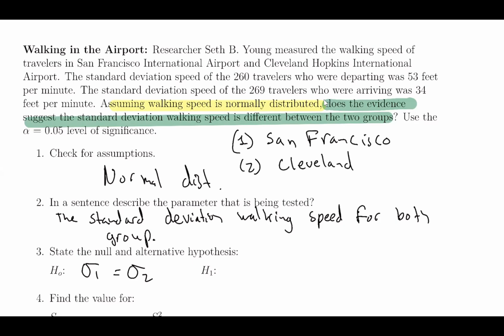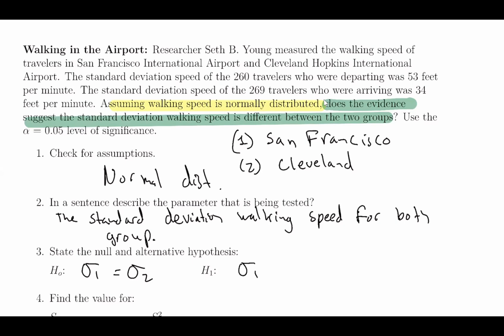So those are my two populations, people who are in the San Francisco airport or people who are in the Cleveland airport. So for the null hypothesis, we're going to say sigma 1 is equal to sigma 2. So the two standard deviations of those two groups are the same.